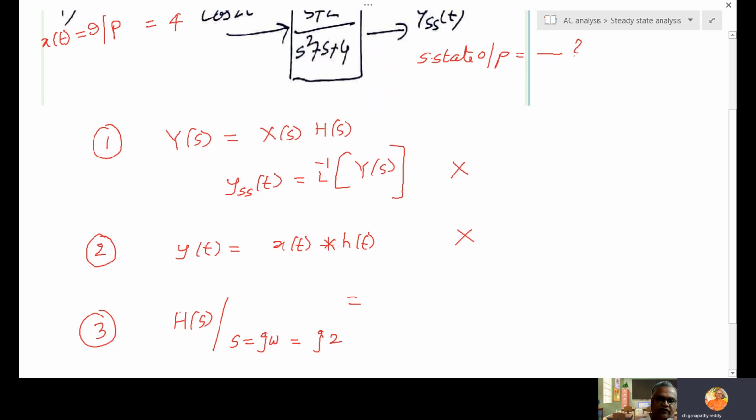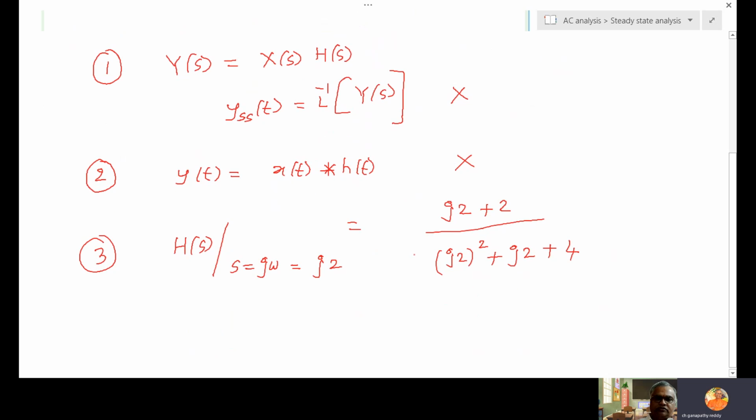So we are simplifying H of s at s equal to j2. What you will get: numerator s squared plus 2s plus 2, with s equal to j2, so j2 squared plus j2 times 2 plus 2, over the denominator j2 squared plus j2 plus 4.